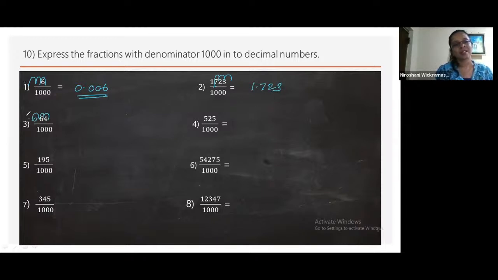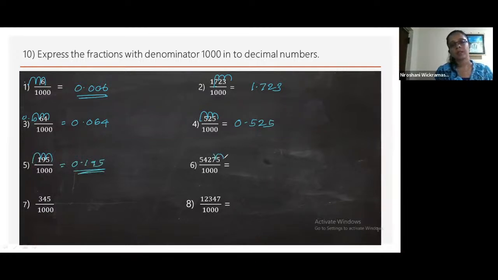So what is the answer? 0.064. 3 places back. 0.525. 3 places back.